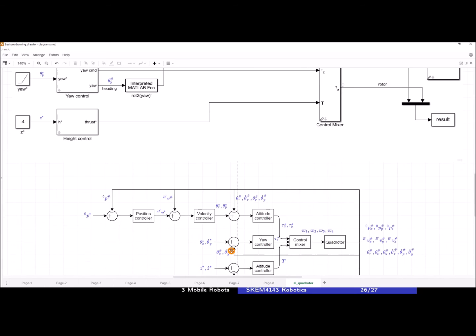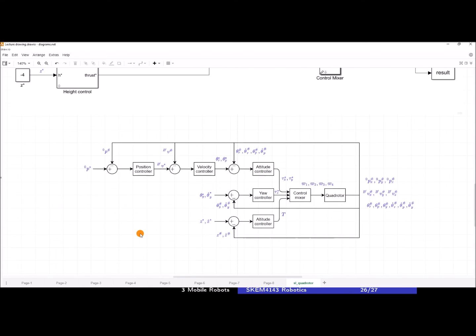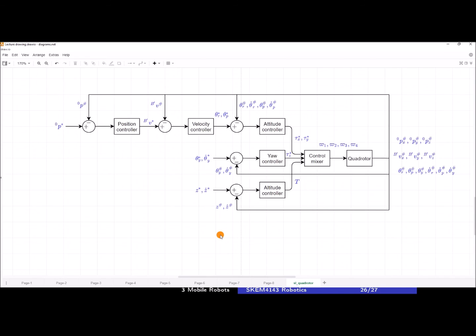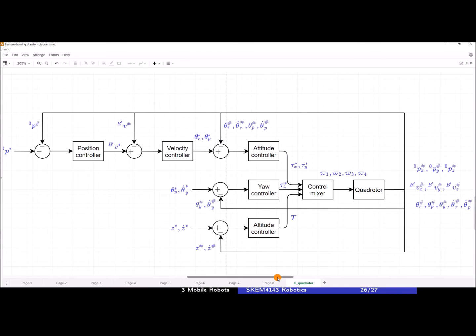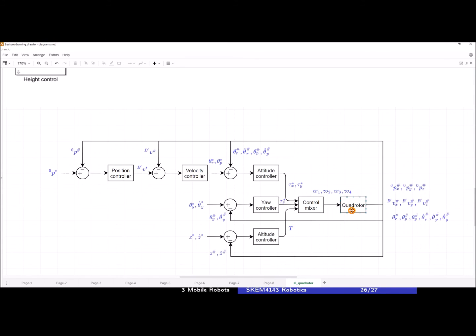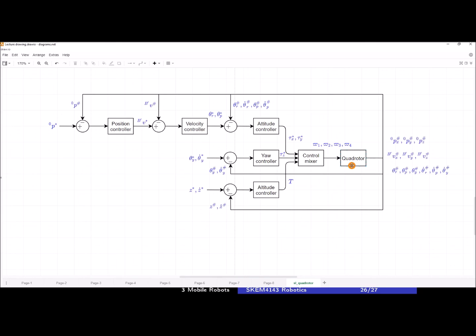So basically this is how it looks. If you could redraw this in the usual control block architecture that you are familiar with, this is how it looks. Okay, so we have a quadrotor. Once again, this Simulink model implements equations 2 and 6, the translational and the rotational dynamics.